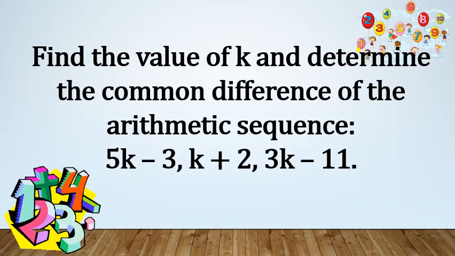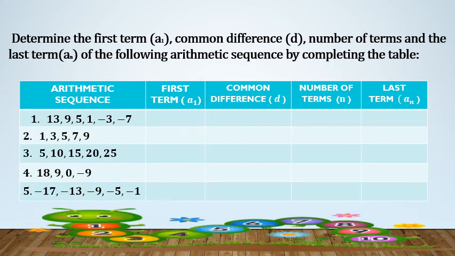Find the value of k and determine the common difference of the arithmetic sequence. May example tayong ibinigay. Determine the first term, common difference, number of terms, and the last term of the following arithmetic sequence by completing the table.